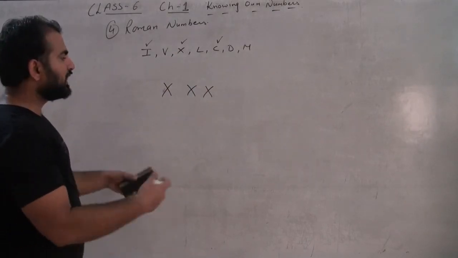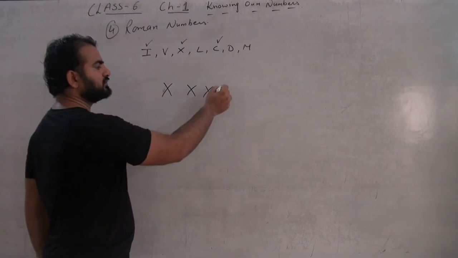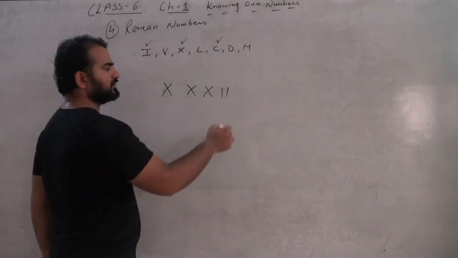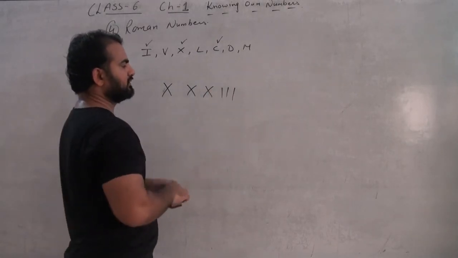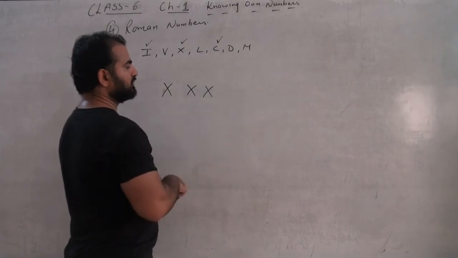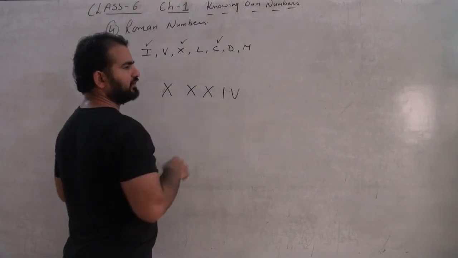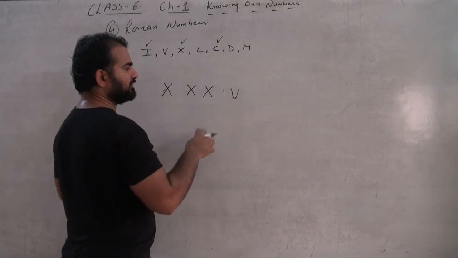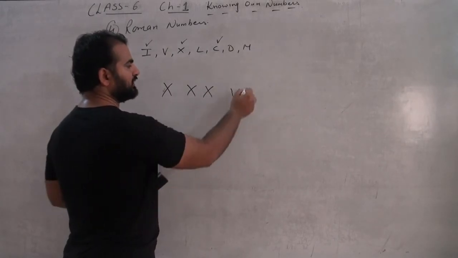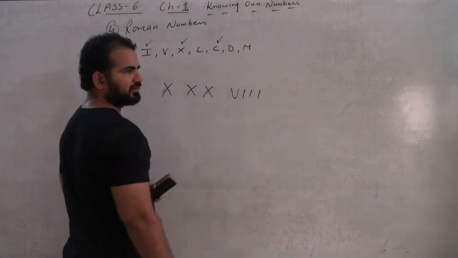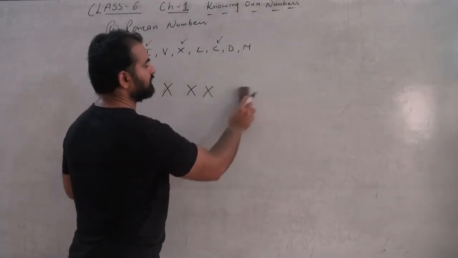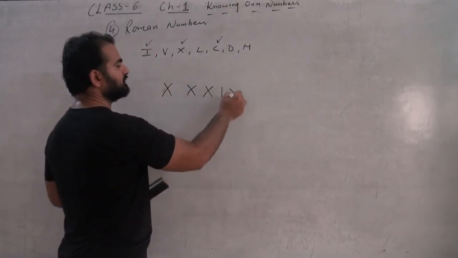Okay. Next, how to write 31? You can use this. 32, this. 33, this. Okay. 34, you can use I and V. This is 34. This is 35, 36, 37, 38. Next, how to write 39? You can use this.